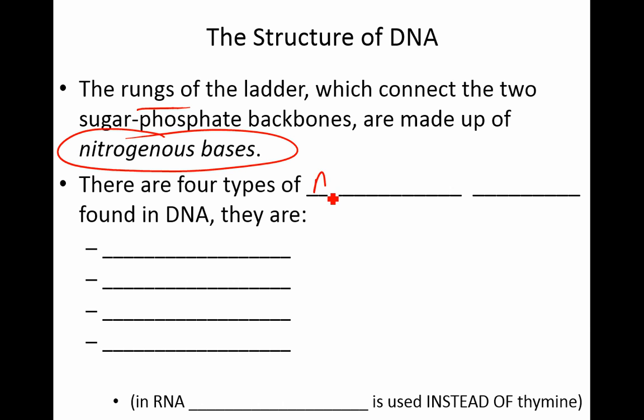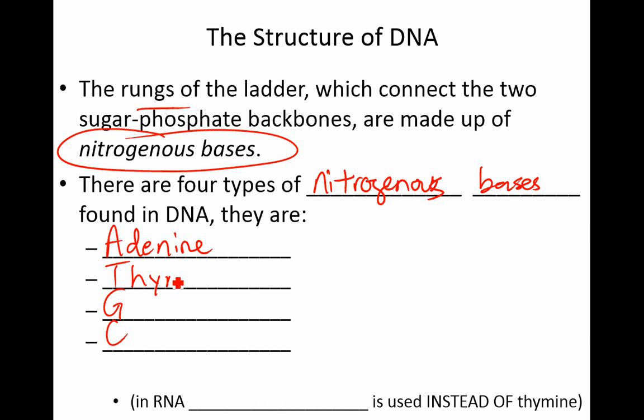There are four types of nitrogenous bases found in DNA molecules, and they are usually represented by the letters A and T, and also G and C. The A stands for adenine, and the T for thymine, whereas the G stands for guanine and the C for cytosine.